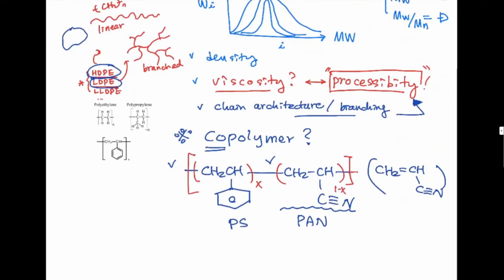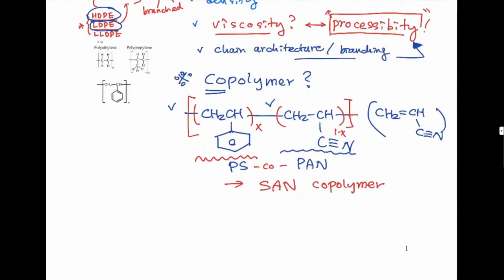This one, polystyrene co-PAN, we call the SAN copolymer. This is an industrially produced polymer with, in a way, better properties than polystyrene itself. But we do not want to reinvent new kinds of structures. So they make this SAN copolymer.